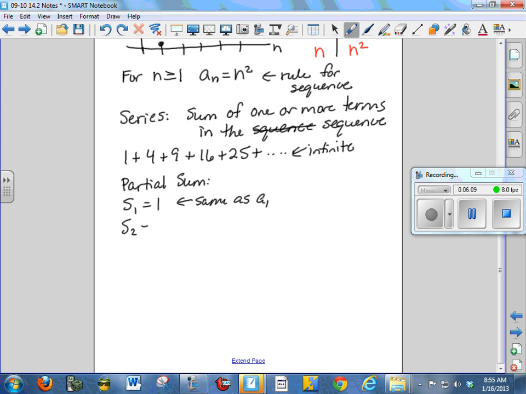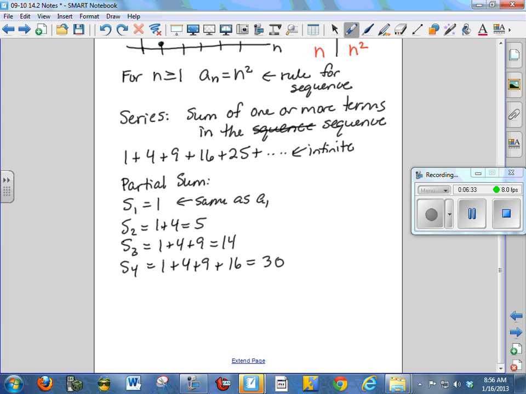S sub 2, however, is the sum of the first two terms. 1 plus 4 equals 5. S sub 3 is equal to 1 plus 4 plus 9, which is 14. S sub 4 is 1 plus 4 plus 9 plus 16, which is 30, and so forth.